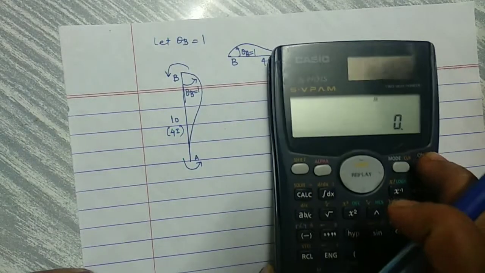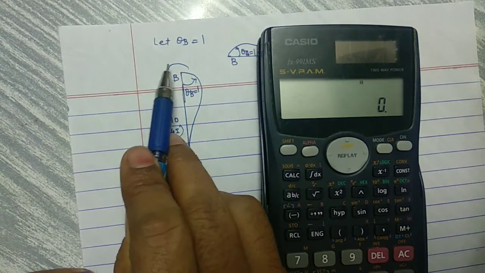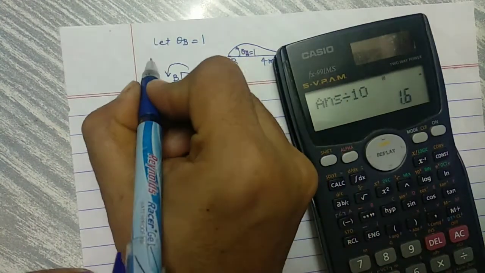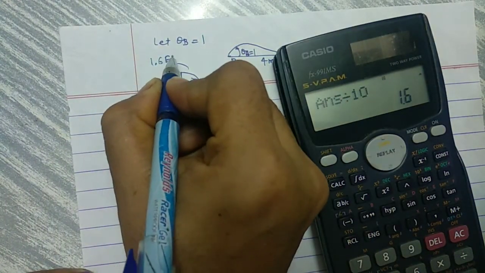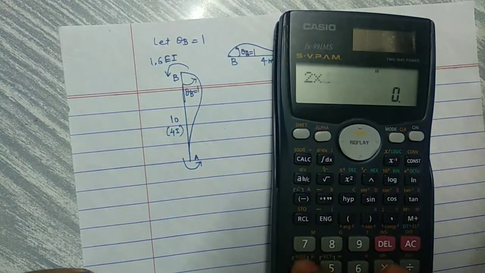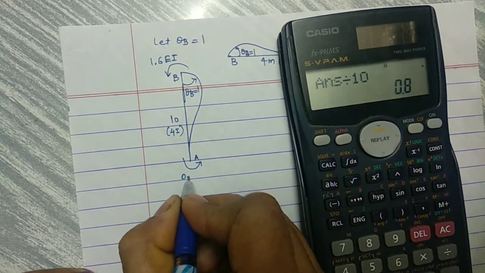Calculate here at B, the near end stiffness 4 EI upon L, that is equal to 1.6 EI, and here 2 EI divided by 10, that is 0.8 EI.